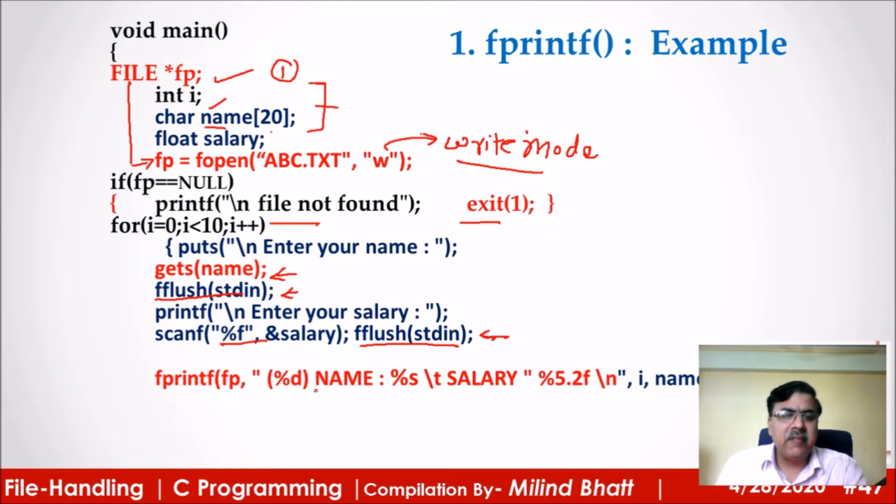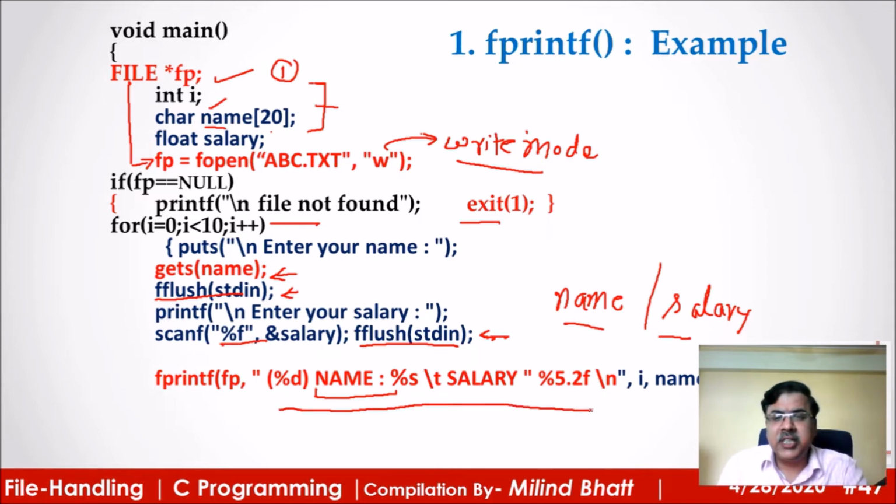And see here my formatting takes place. I have taken name and salary, these are two. But in terms of the file, I am mentioning something else also. This is my format. That means along with data, some statement will be there. Along with data related to salary, a salary statement will be there.